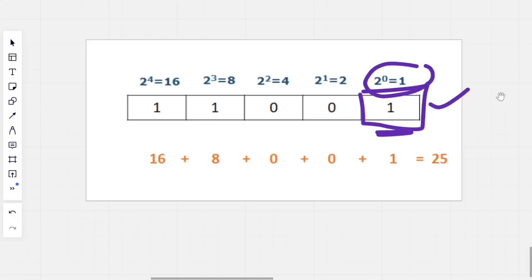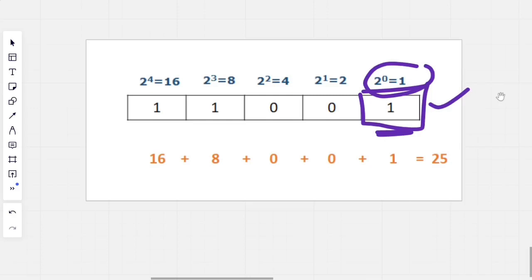So this is the first box. We will always move from right to left, so the right hand side would be the first box. Inside that we have 1, and above that we have 2 raised to power 0, which is 1. So always consider from the right hand side. The first box has the power 0, then 1, then 2, then 3.